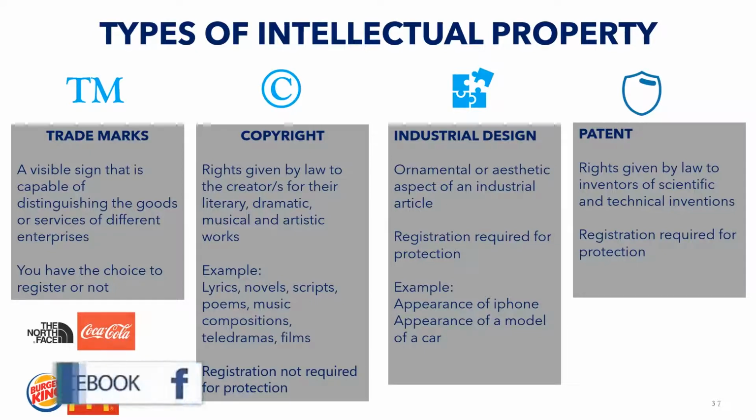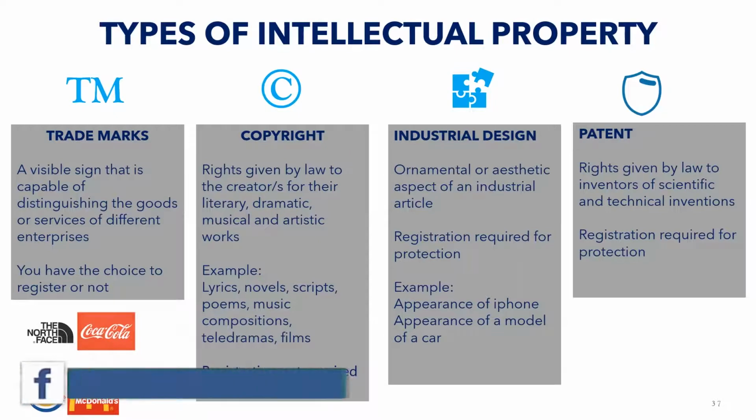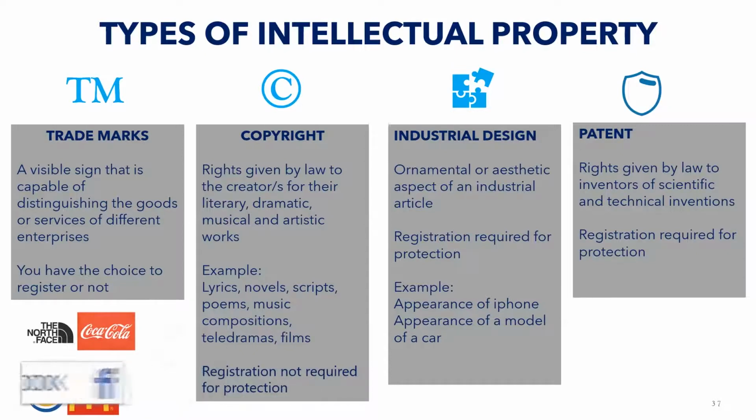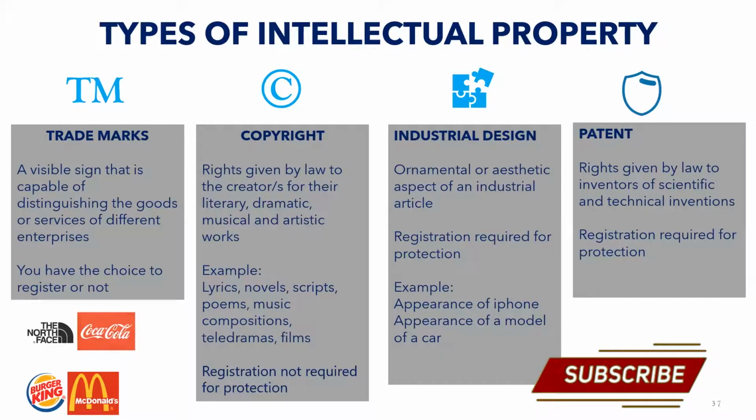So those are some of the things that make a particular product valuable. And these are what we call industrial design. So remember, generally when you hear the word industrial design, you're going to think it's some kind of mechanical design, but it's actually the aesthetic aspect of an industrial article.